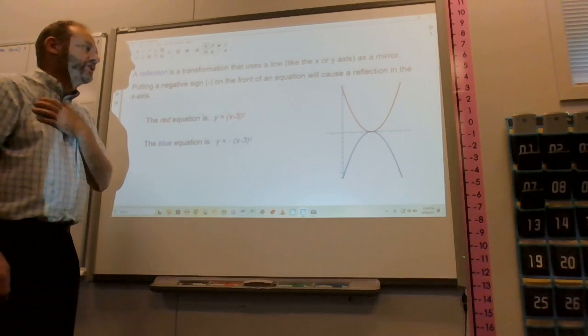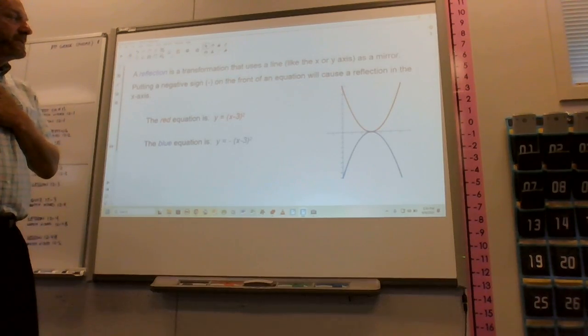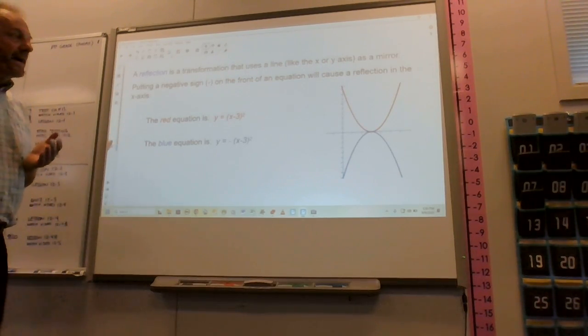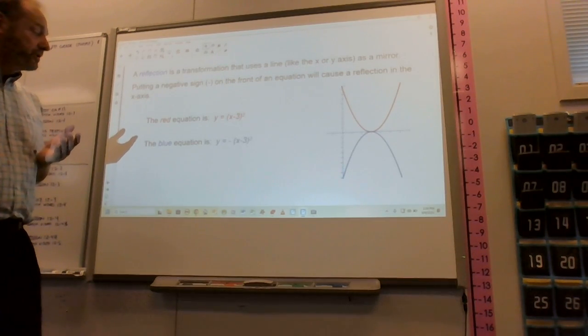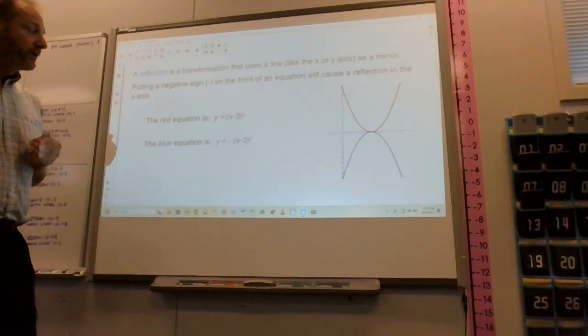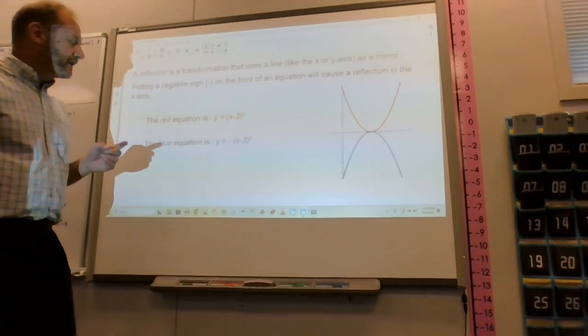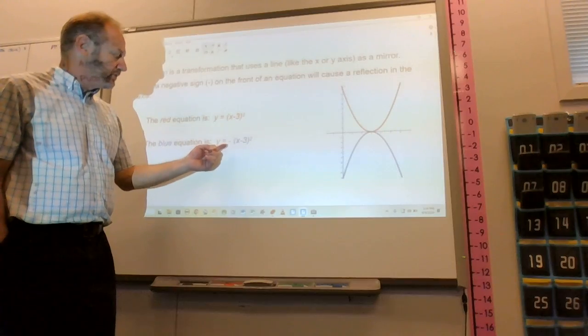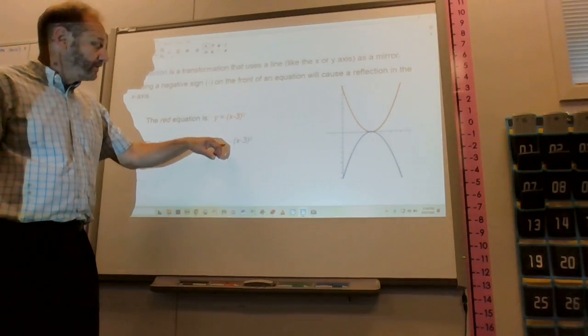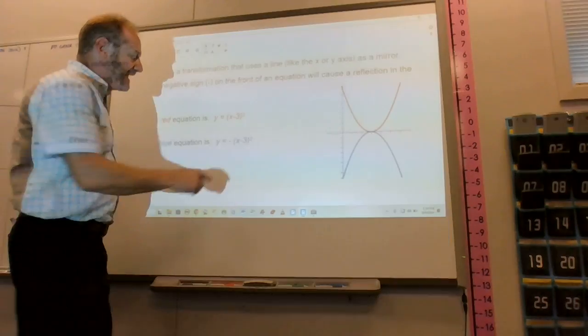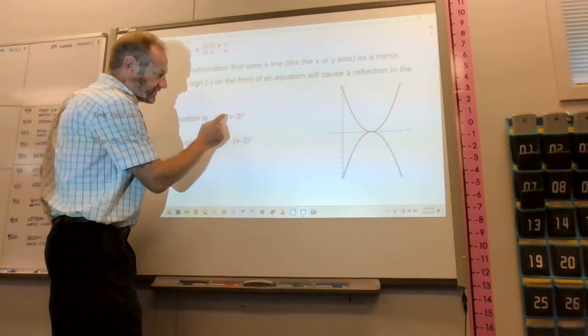Okay, now a reflection can be done either in the x-axis or the y-axis by putting a negative sign in front of the equation or putting it inside the equation. So the easiest one is when you just take a function like this and tack a negative sign onto the front of it. All that does is take the answer that you would have gotten and make it negative.